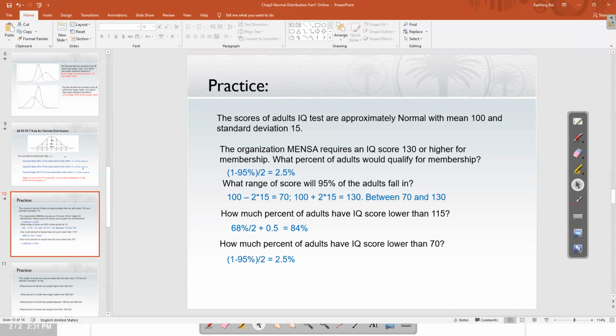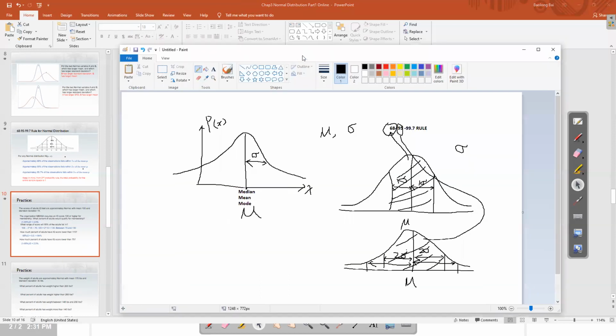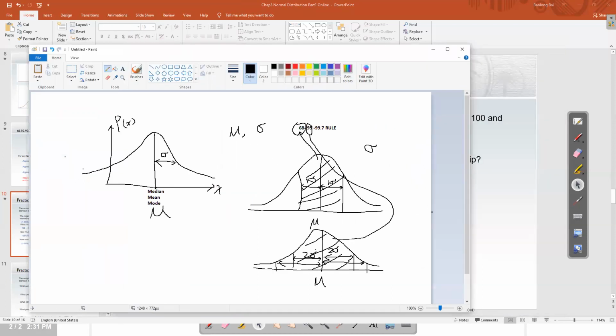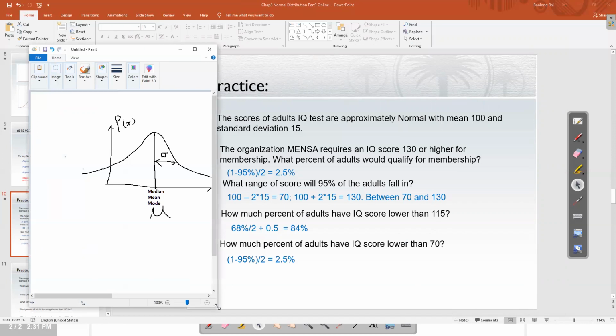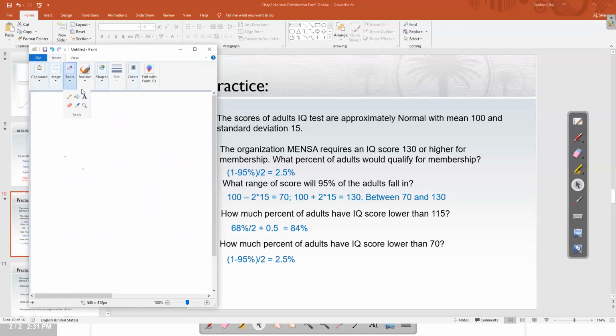All right. So let's try to figure this out. We know a variable X has a normal distribution with mean of 100 and standard deviation of 15, right?